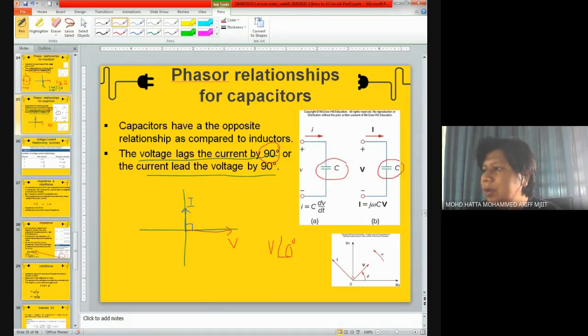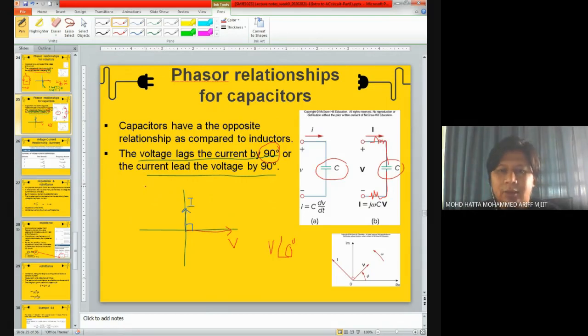If you have a combination of capacitor, inductor, or resistor, it's not going to happen like this. You cannot say that the voltage lags the current by 90 degrees. For example, if you have an additional resistor over here, maybe an inductor over here, and a capacitor, you cannot say that voltage lags the current by 90 degrees.